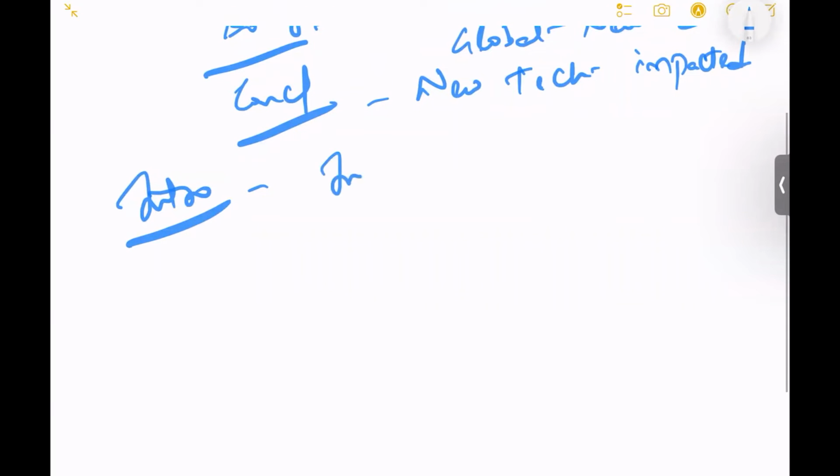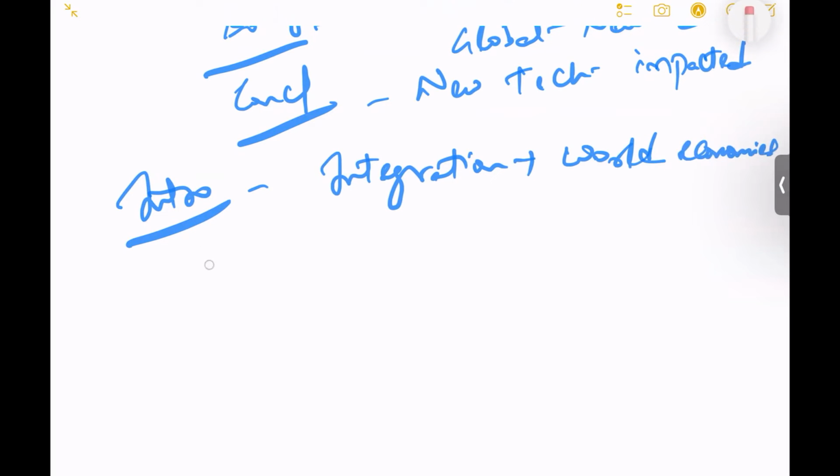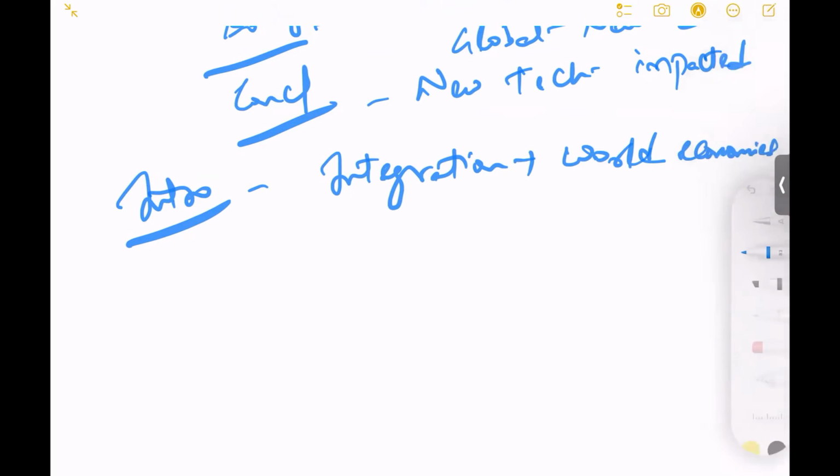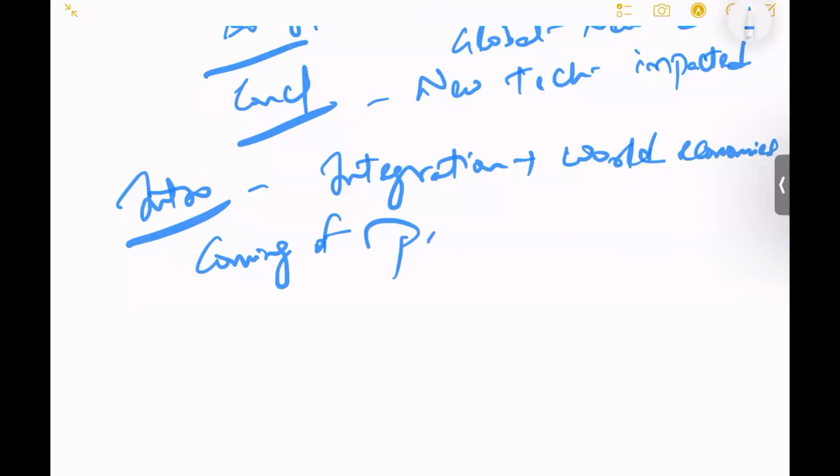It is the integration of world economies and also the coming together of people, right?